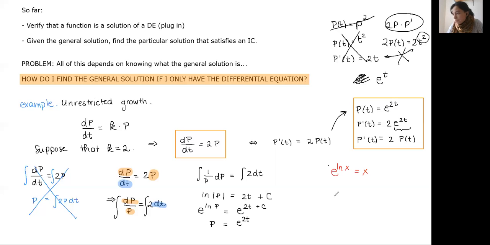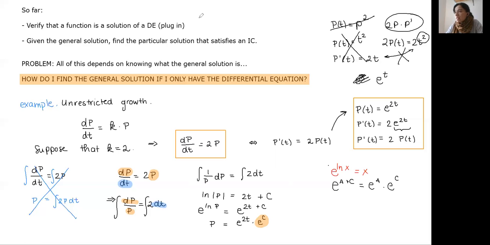So when I have, again here, e to the power of something plus c, it is the same as e to the power of the first thing times e to the power of the second thing, right? So in this case, this is the same as e to the power of 2t times e to the power of c. And because we know that c can be any constant, it's a constant of integration, it can take any possible value.